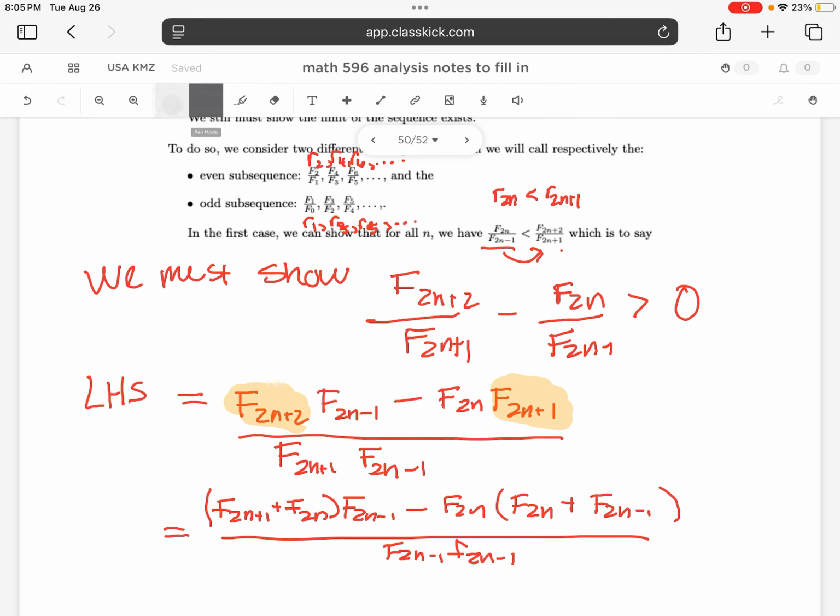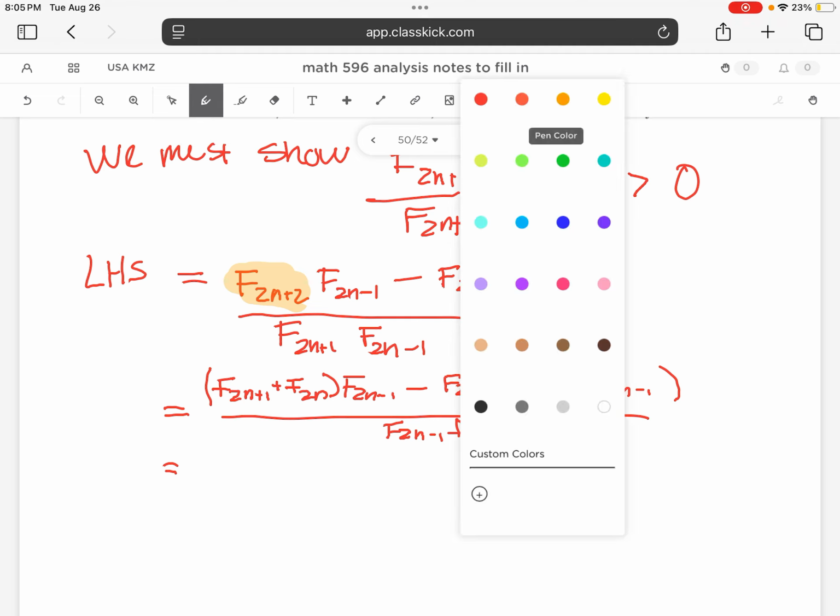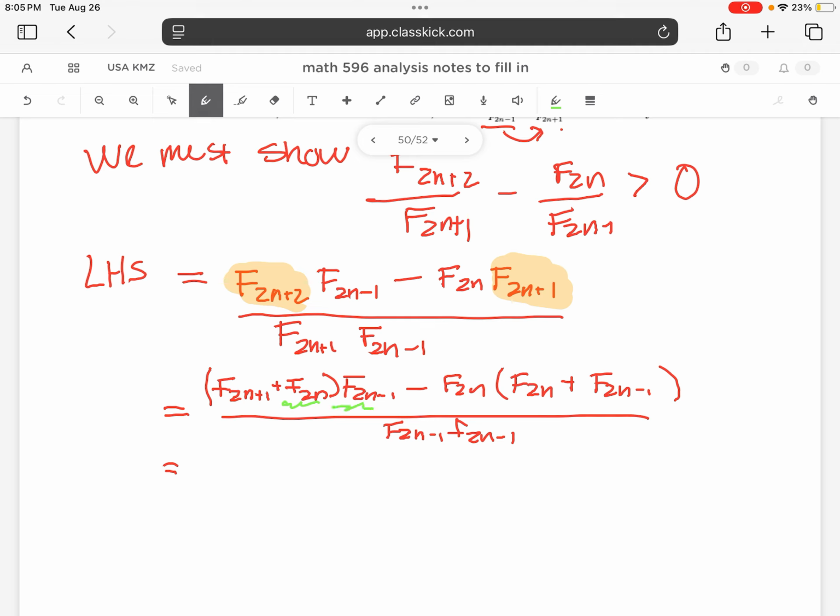All right, now what? Make ourselves a little bit more space here. If we were to actually distribute these out, we'll see that we'll have cancellations here, because we'll have f2n times f2n minus 1, then we'll subtract f2n times f2n minus 1 as well, right? In other words, this times this minus this times this are going to cancel each other out, and all that will be left is the product of these two and then the product of these two.